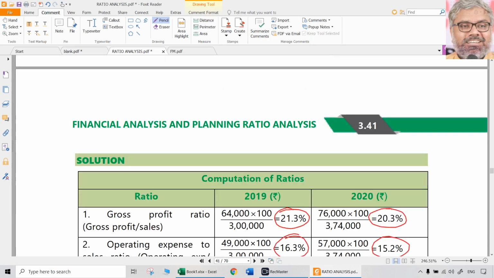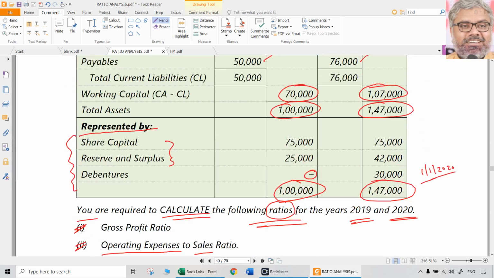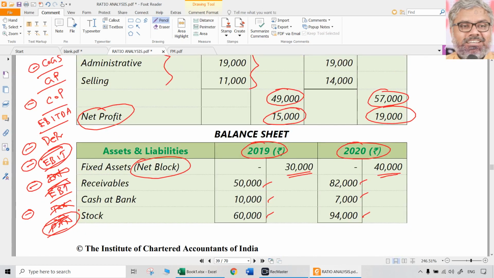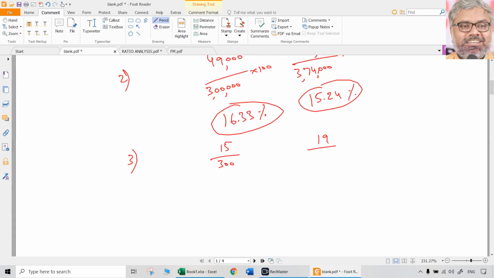Next, the third one. Operating profit ratio. In this question, there is no difference between operating profit and net profit. Why? Because there is no interest given, there is no tax rate or tax details given. So whatever net profit is given here will automatically be the operating profit also. 15,000, 19,000 divided by 300, 374. I'm just cutting short, but you don't do that in the exams. You write full numbers with the formula also.